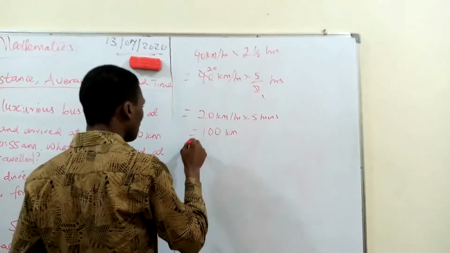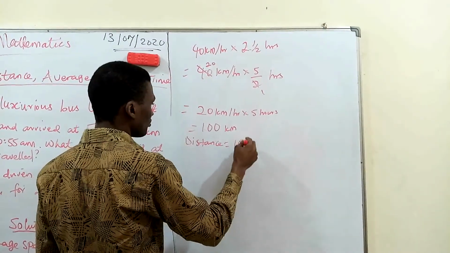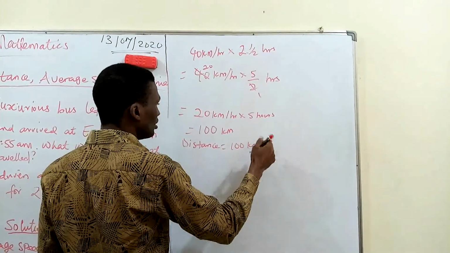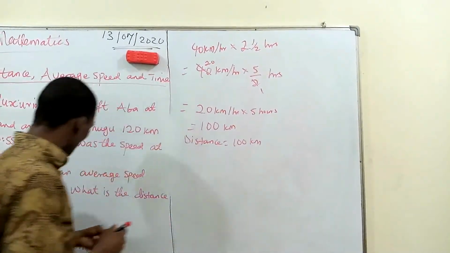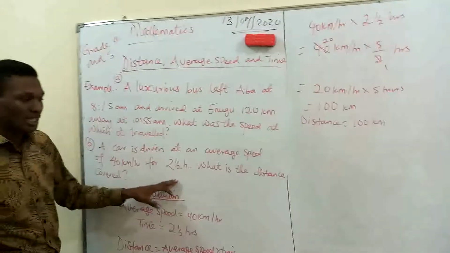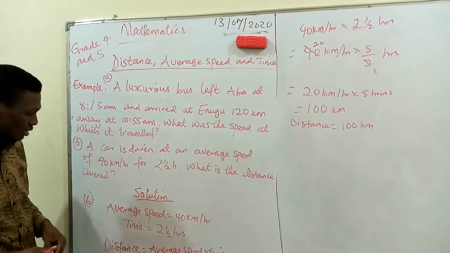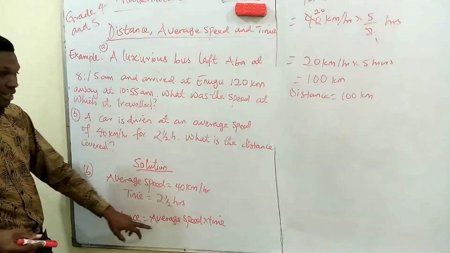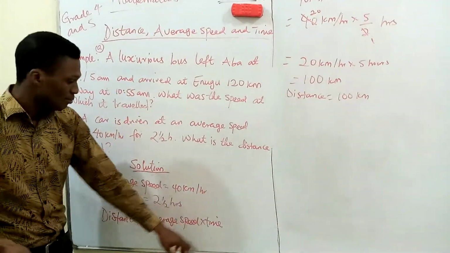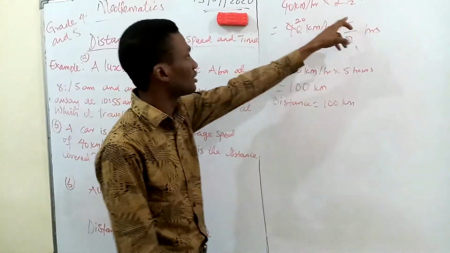So our distance is 100 kilometers. We are given our average speed of 40 kilometers per hour and time of 2.5 hours, and we have to find the distance. Distance is average speed times time. So we have 40 kilometers per hour times 2.5 hours.